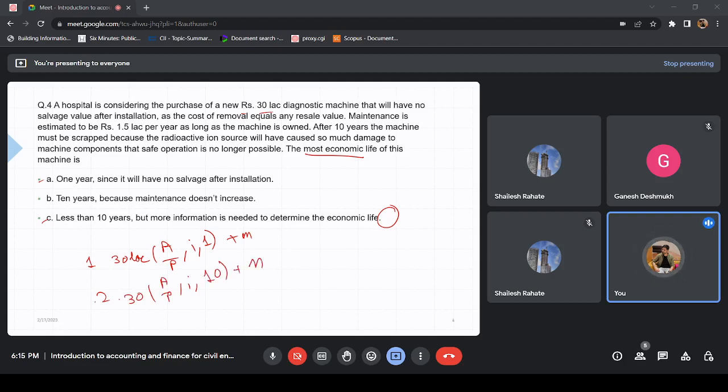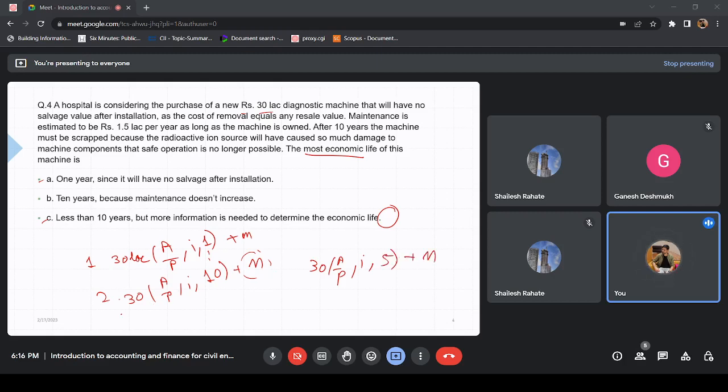What you see is that if you go increasing your N value from 1 to 10 and M is fixed. So let's say I'm interested in N equal to 5, then it would be 30 (A given P, I, 5) plus M, some value.